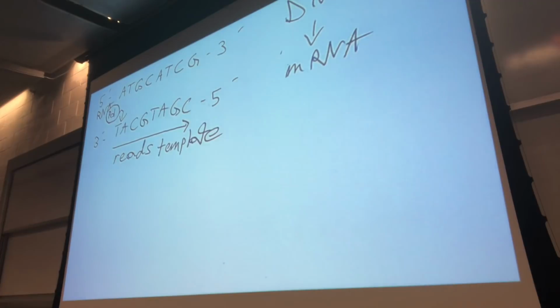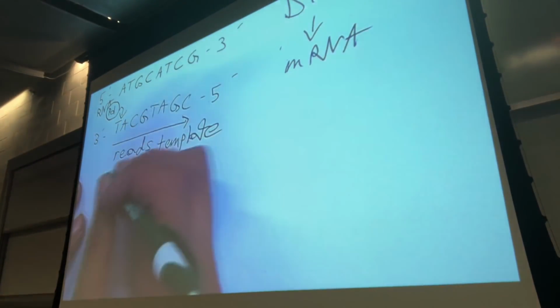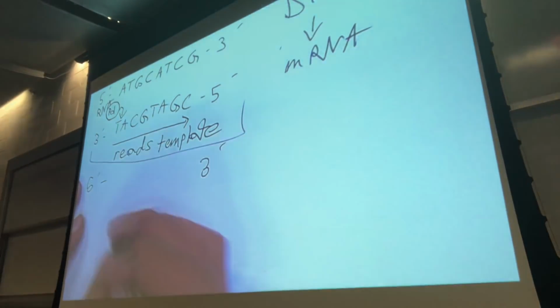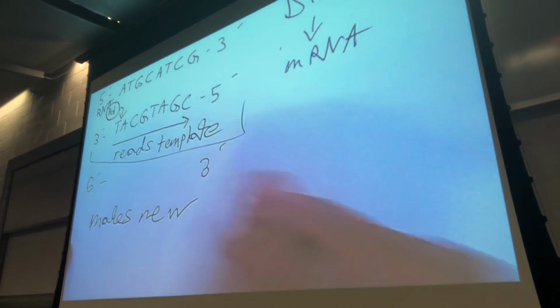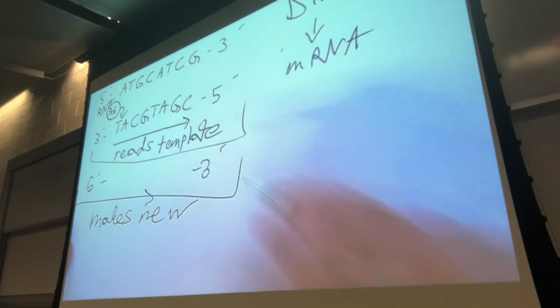Those polymerases always read a template strand in the 3' to 5' direction, because when they generate the brand new strand of a nucleotide polymer, it has to make it in a 5' to 3' direction. So it reads the template in that direction, but makes new stuff in this direction, 5' to 3'.